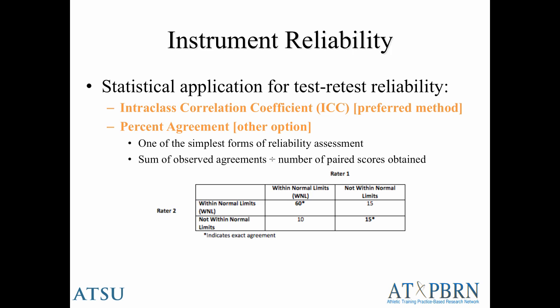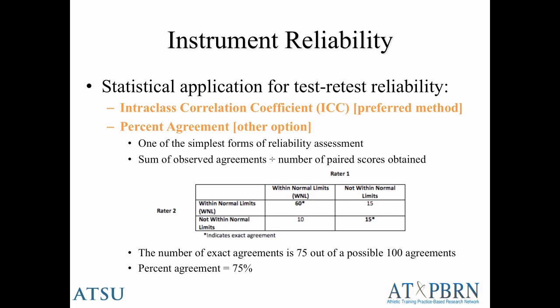If we were to look at the following contingency table, we can see the number of individuals who were placed in the within normal limits category for each rater, and the number of individuals placed in the not within normal limits category. From this table, we can see that of the 100 individuals that each rater assessed, the 2 raters agreed on 60 individuals who scored within normal limits and agreed on 15 individuals who scored not within normal limits.